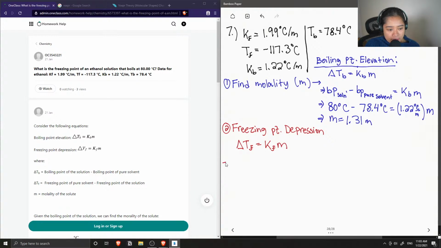And again, delta Tf can be broken down to the freezing point of your pure solution minus the freezing point of your solution.